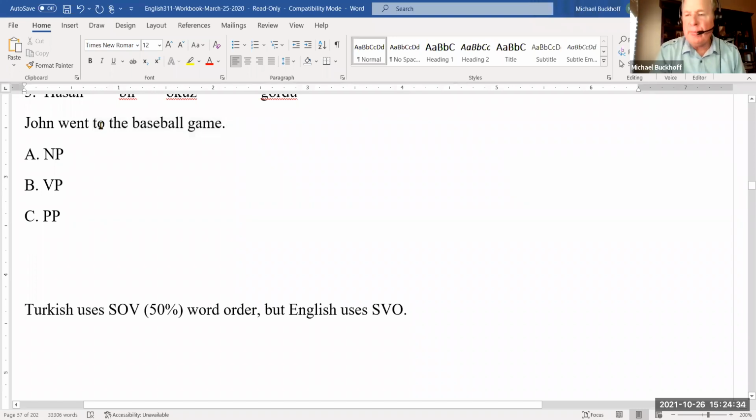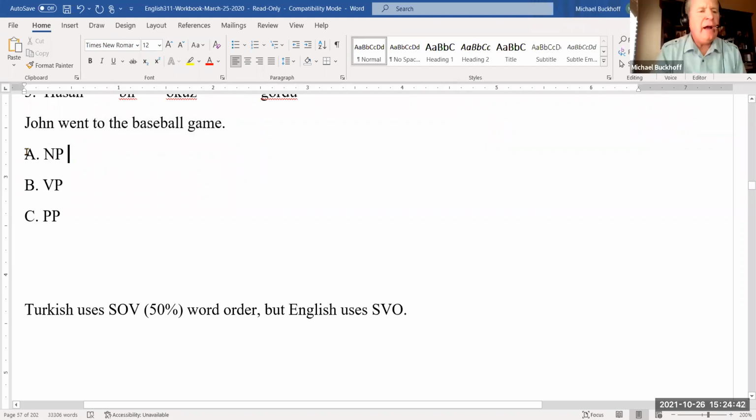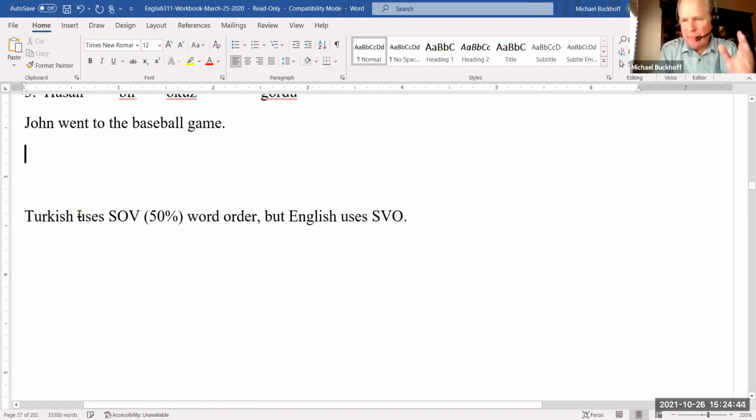So that's a prepositional phrase, right? If I highlight this part, what is it? A. Good. Okay, now here's one last thing. So that's 60 points right there. So if you can identify the different parts of sentences as either being noun phrases, verb phrases, or prepositional phrases, you're in great shape. If you cannot do that, you will fail. You will fail this test.